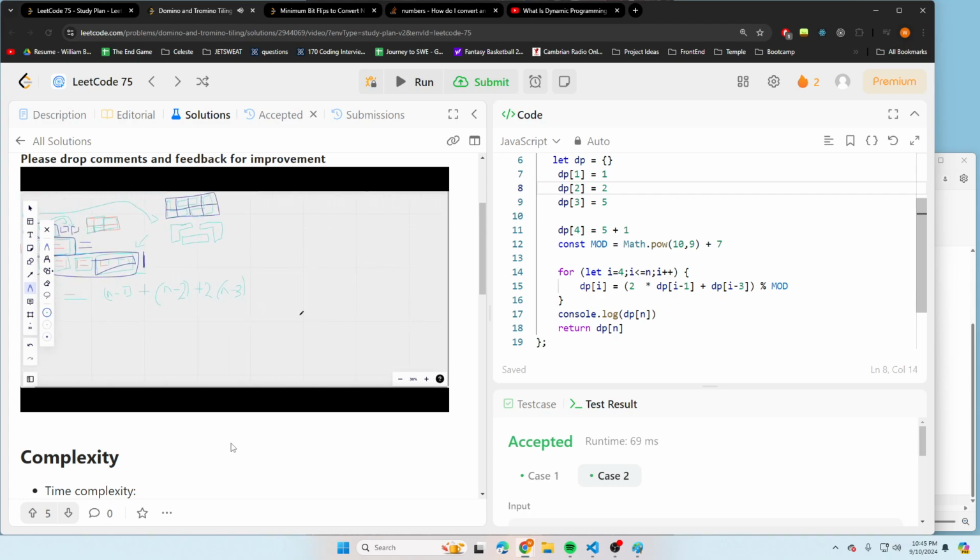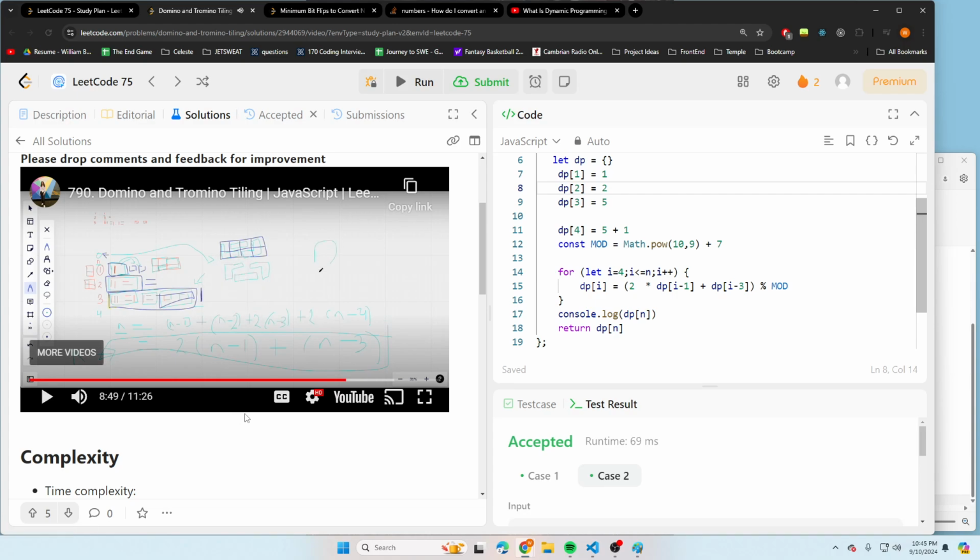I get two different ways, so I again add 2 times n minus 4. So it will keep on repeating for any values of n. Now simplifying this, we will get 2 times n minus 1 plus n minus 3. Upon simplification, we'll get this formula, and we are going to use it to find the value of n. For that, we are going to use dynamic programming.